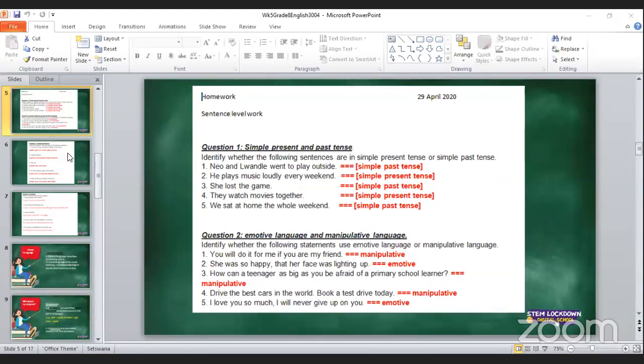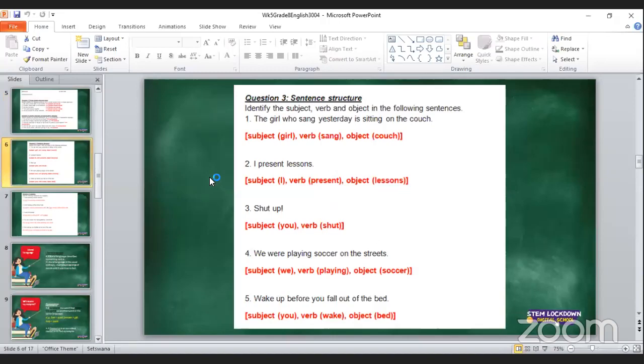Let's continue to question 3. There are the answers to question 3, where you were asked to identify the subject, the verb, as well as the object in the following sentences. The sentences are written in black, and I wrote the answers in red, like a teacher would.